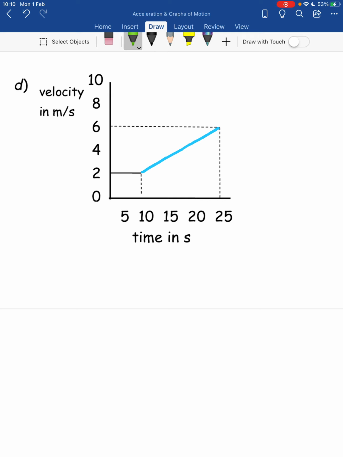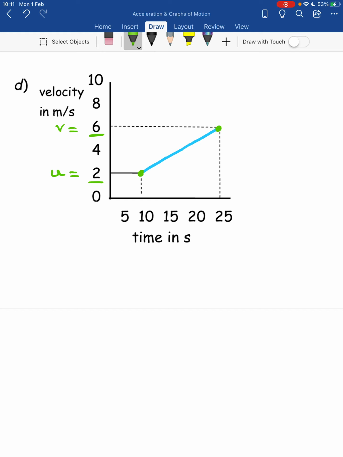This one, we would mark in that it begins here and it ends here. So we do the same process again to find the final and initial speed. So the line starts across from 2. So that would give us initial speed is 2 meters per second. You can see the line ends across from 6. So final speed would be 6 meters per second.